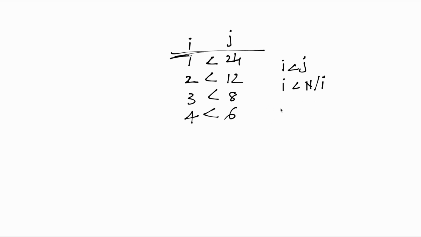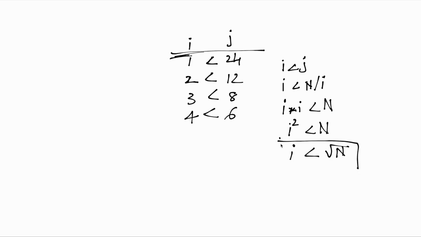And if we multiply both sides by i, i into i is less than n, i square is less than n. And if we take root on both sides, i is less than root n, which means we can process the numbers till root n.